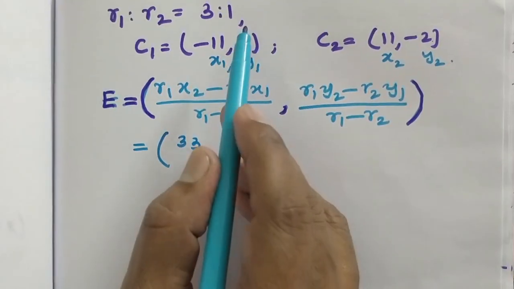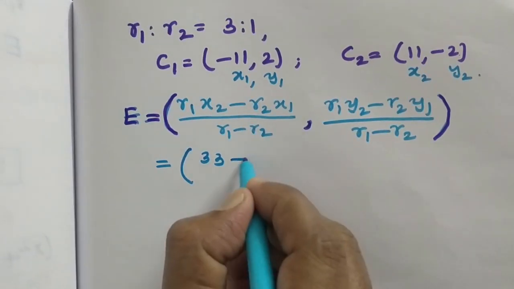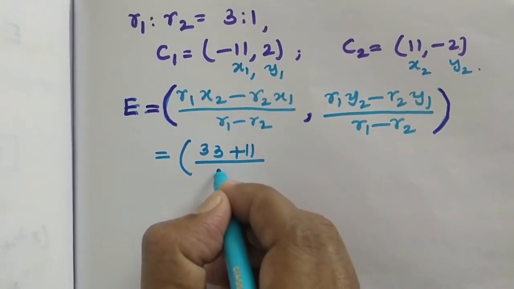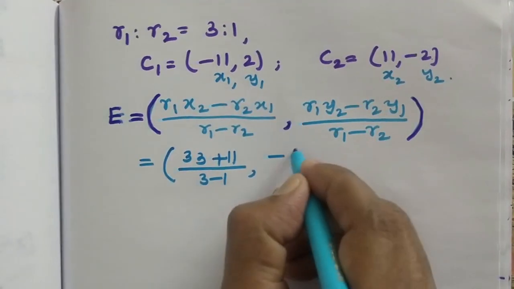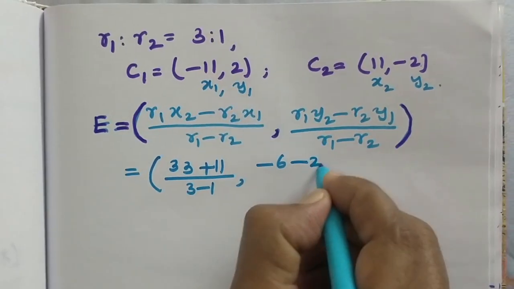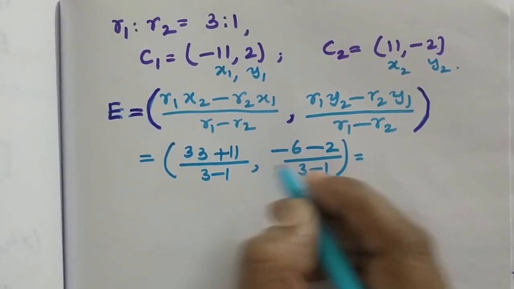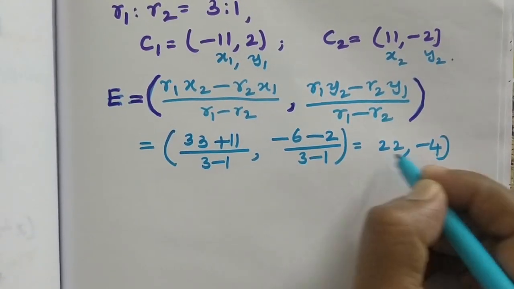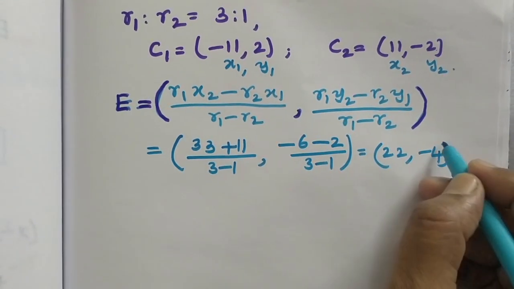Next R2 x1, that is 1 into minus 11. Minus 11, this minus becomes plus 11, by R1 minus R2, that is 3 minus 1. Next R1 into y2, 3 into minus 2, that is minus 6, minus of R2 into y1, 1 into 2, minus 2, by 3 minus 1, is equal to 44 by 2 is equal to 22, and minus 8 by 2 is equal to minus 4. (22, minus 4) is my external intersection point, the point of similitude.